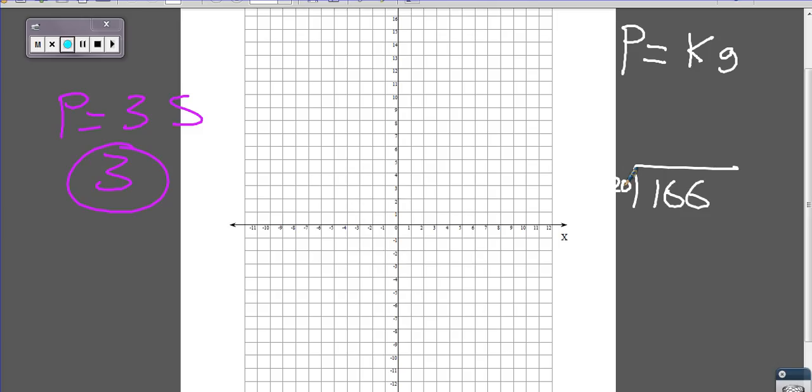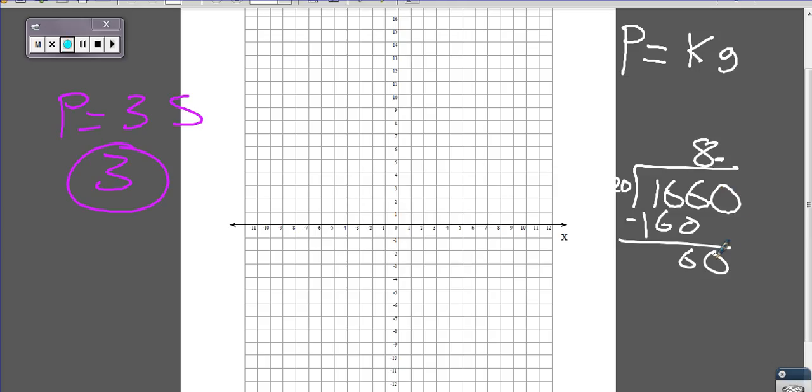166 divided by 20. How many times does 20 go into 166? How many times does 20 go into 16? 8. So 20 goes into 166 8 times. That's 160. I have a 6 left over, right?